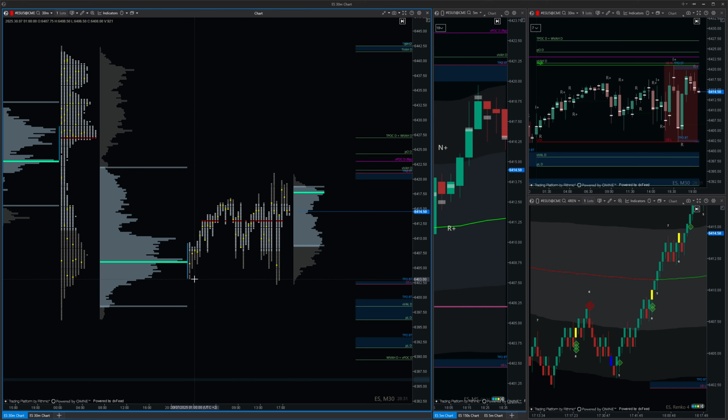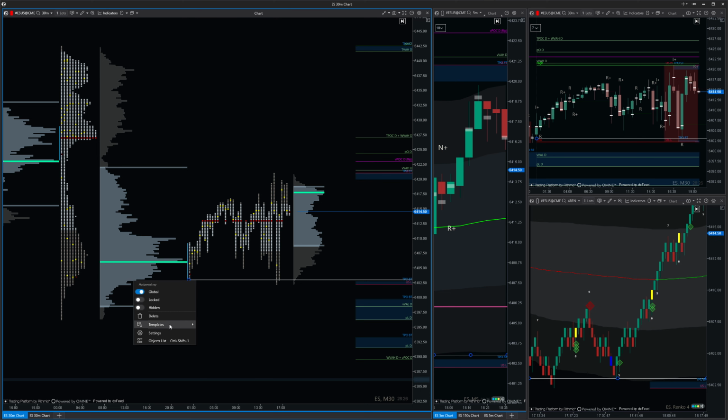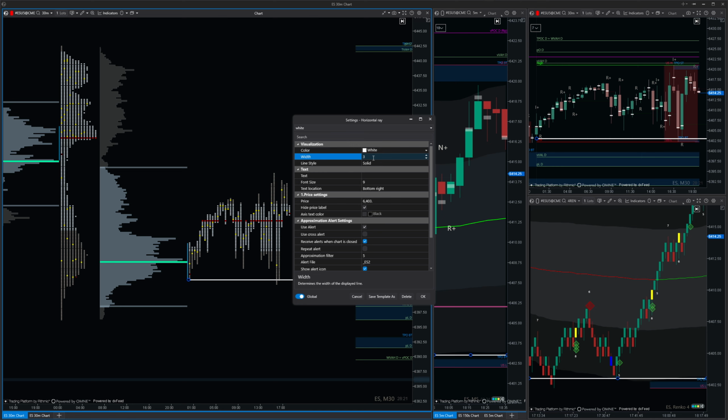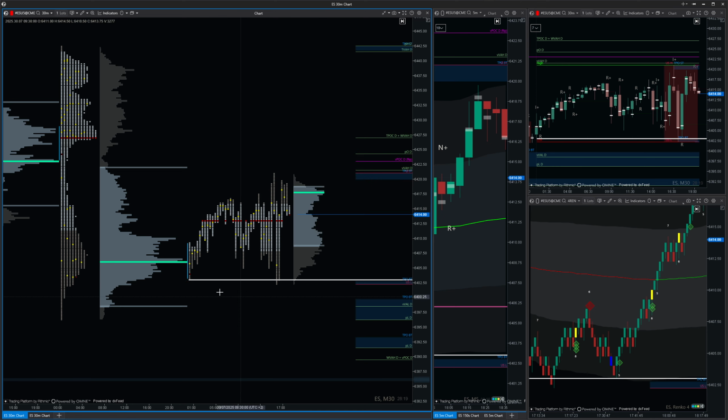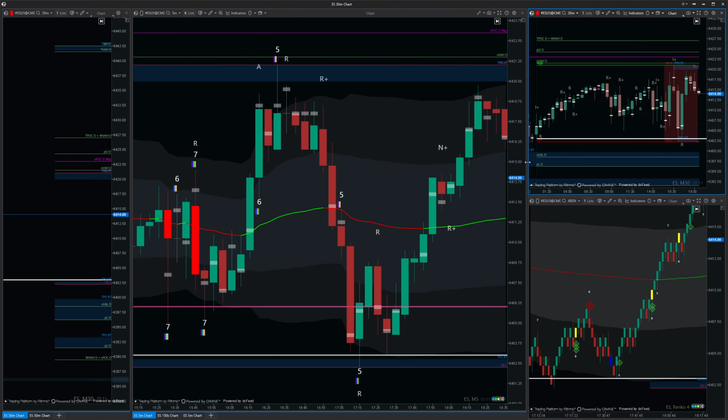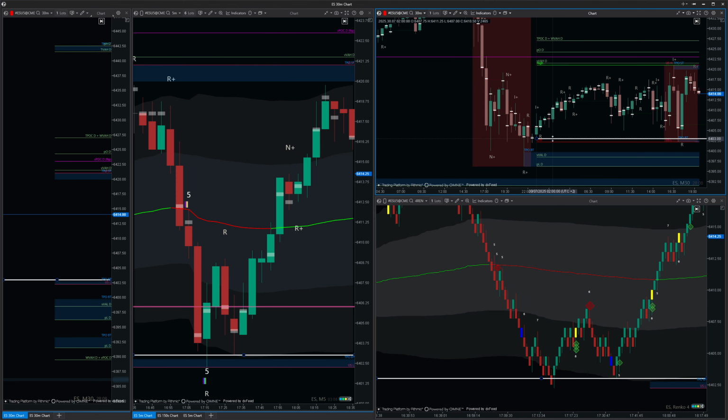I will use the, okay, like so. This is the first line. I will make it global and I will increase the width so that it's well visible, like so. Basically I can work at this candle chart.